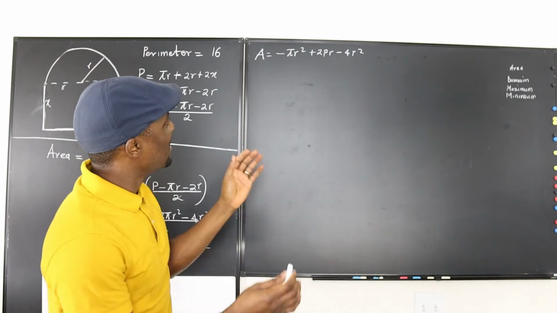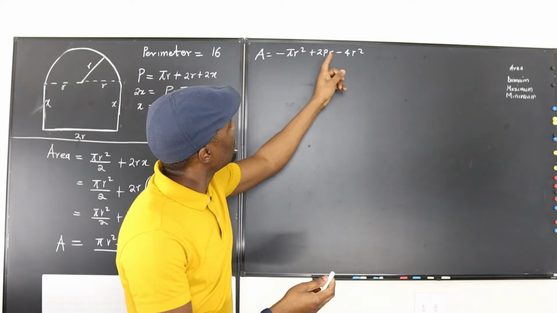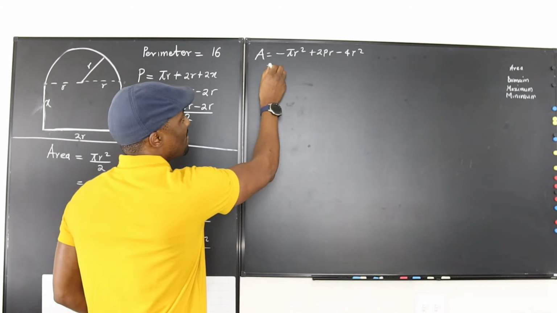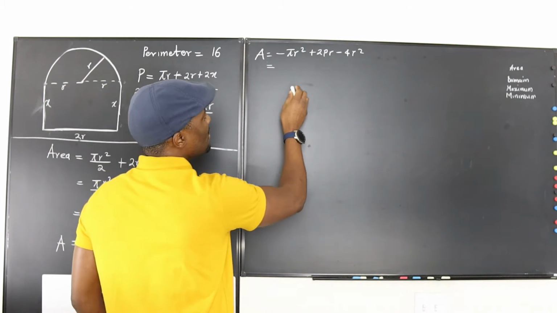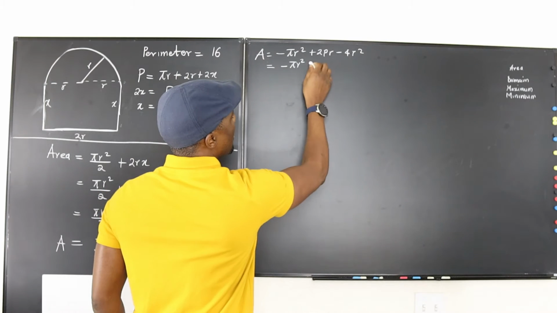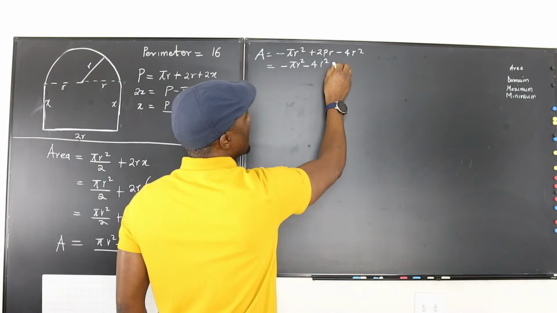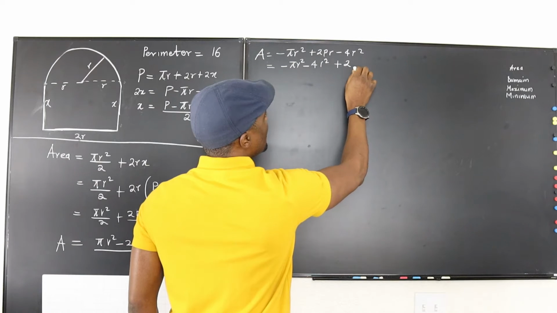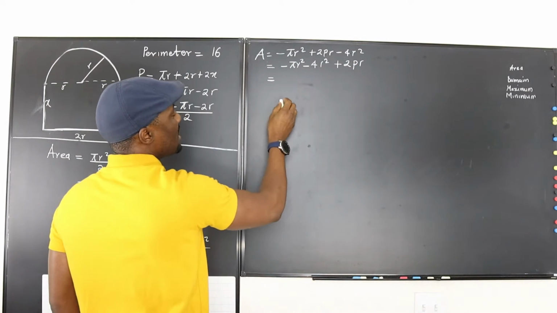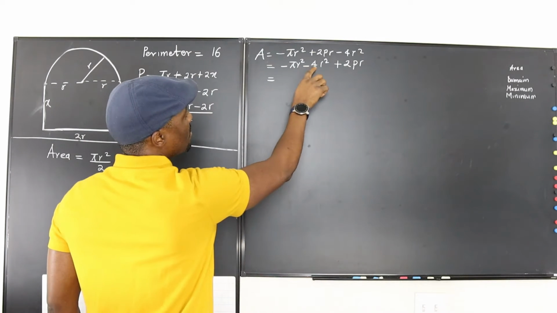Okay? Or I can collect the like terms and put the r's together. You know what? Let's put them together. Although I don't care, but let's just do it. So this will be equal to negative pi r squared minus 4r squared, and this will be plus 2pr, which will be equal to, what's common?